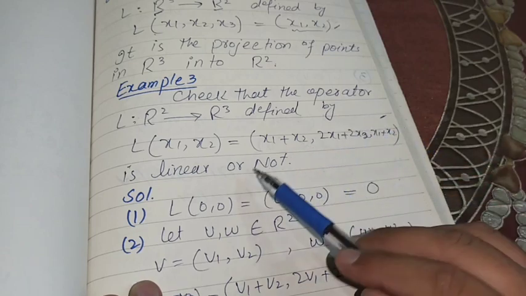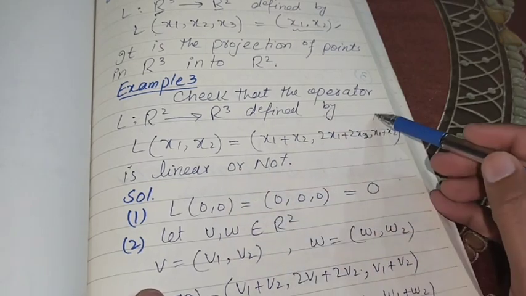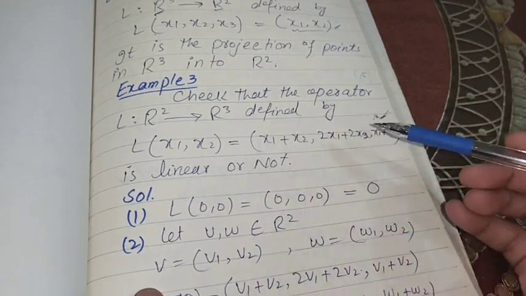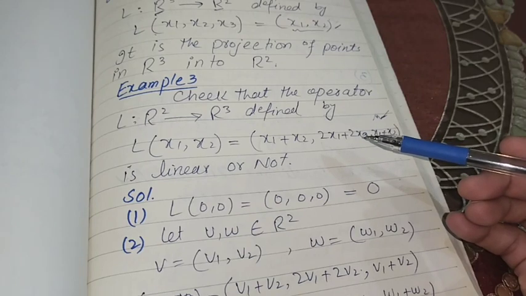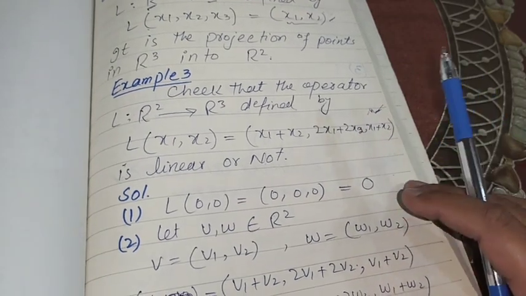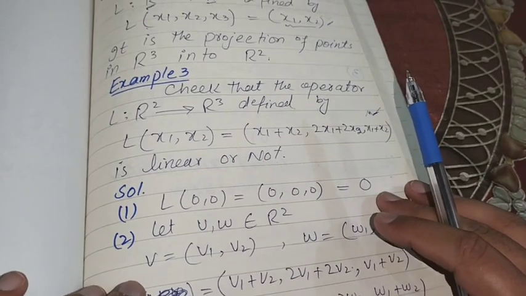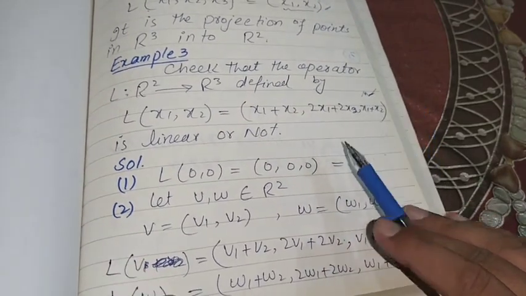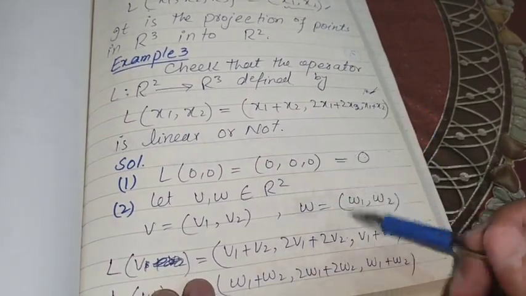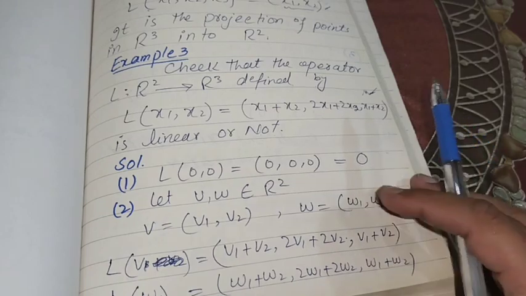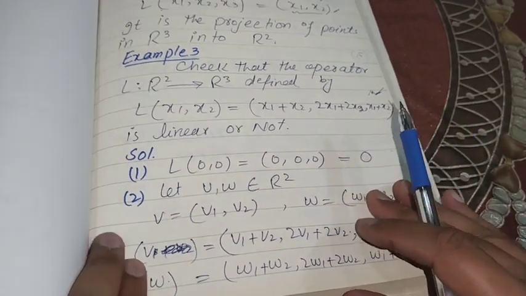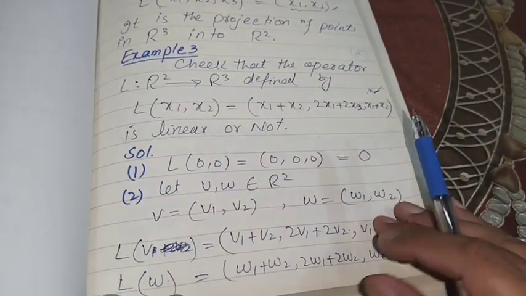Here we check whether this mapping is linear or not. In order to prove this, we check the three conditions of linearity, which we defined in the definition of the linear operator.